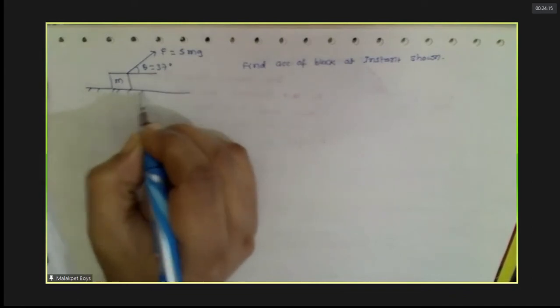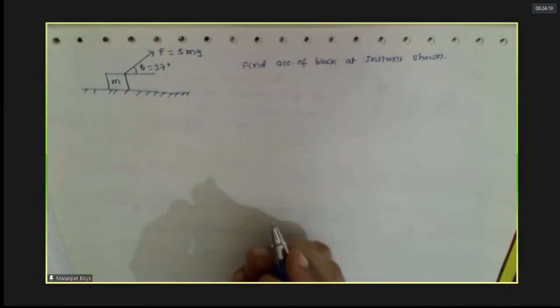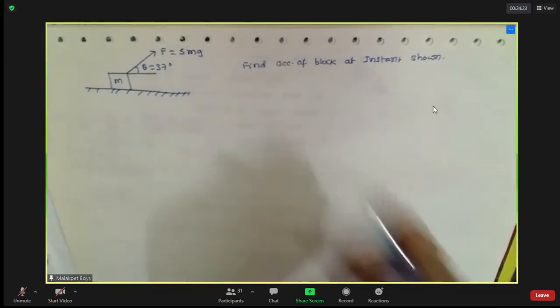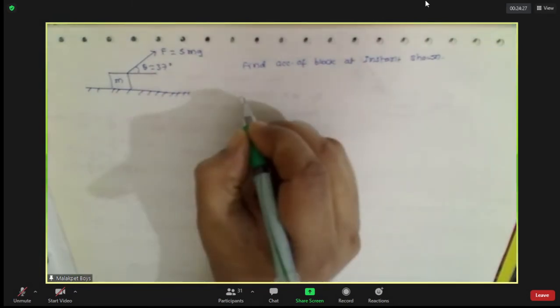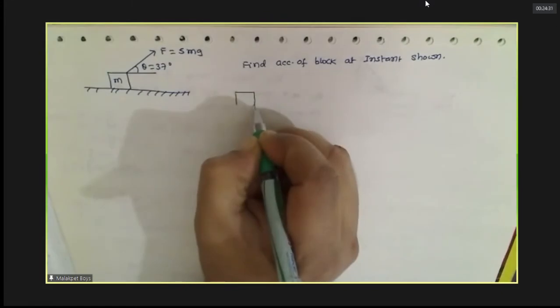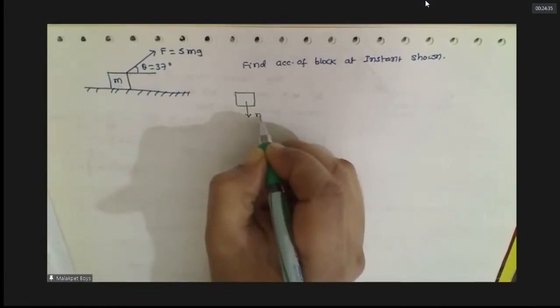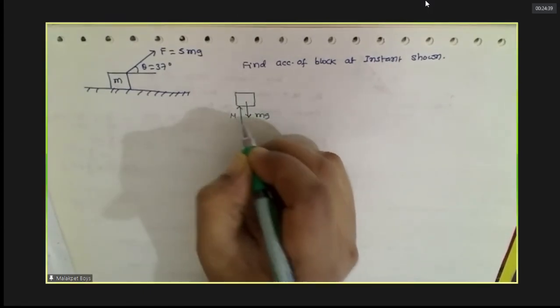So now you can see that, what are the forces on the block? Can you tell? One is mg. There is a normal reaction.